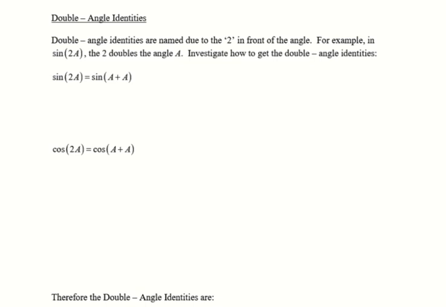Double angle identities are named due to the 2 in front of the angle, like this one. This is showing you sine 2A is just equal to sine of A plus A. If we write this the other way, as with sine A plus B, you could rewrite that as sine A cos A plus sine A cos A, but they're both A's instead of a B like it would have been in the last section.